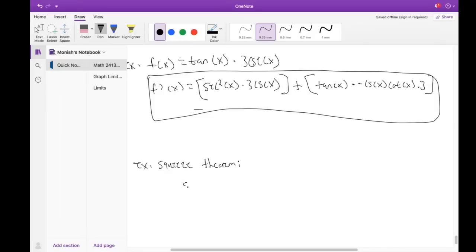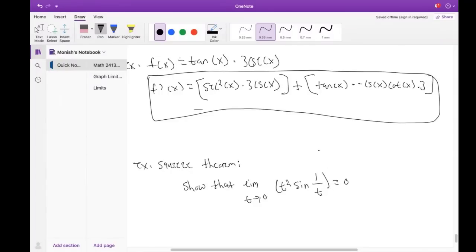Show that the limit as t approaches 0 of t squared times sine of 1 over t is equal to 0.